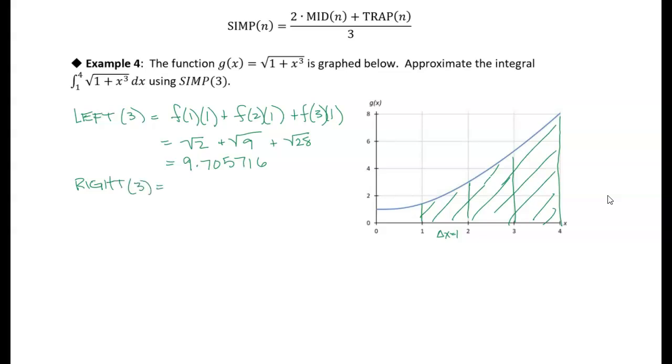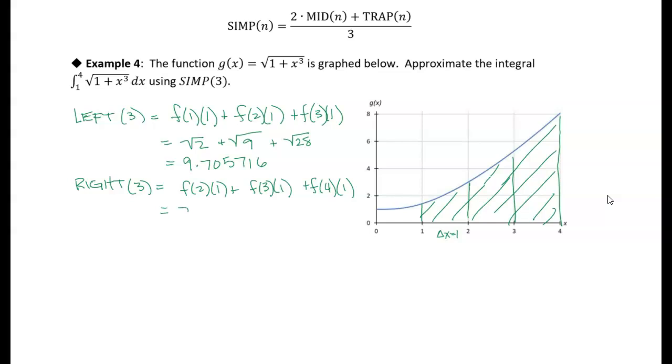Okay, and so now we're just going to take those right-hand data points. So we need f of 2 times the interval width, which is 1, and then we have f of 3 times 1 plus f of 4 times 1. So we're going to do the right-hand points, evaluating the function at 2, 3, and 4 now.